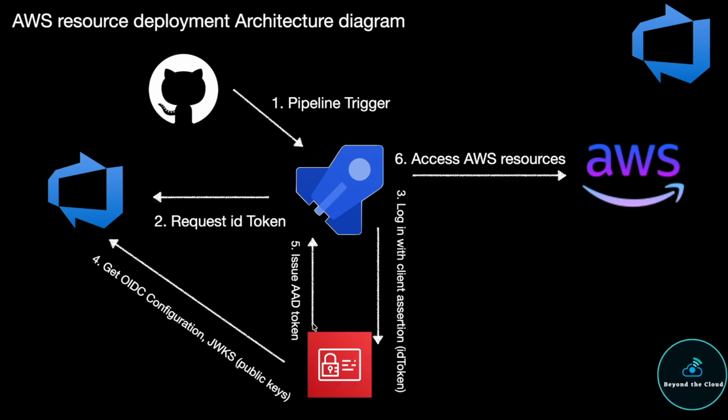Then identity and access management of AWS will check for the trust relationship of Azure DevOps, and it will generate a token. That particular token will be given to our pipeline by identity and access management of AWS, and then the pipeline will have the token, and then it will deploy resources to AWS.